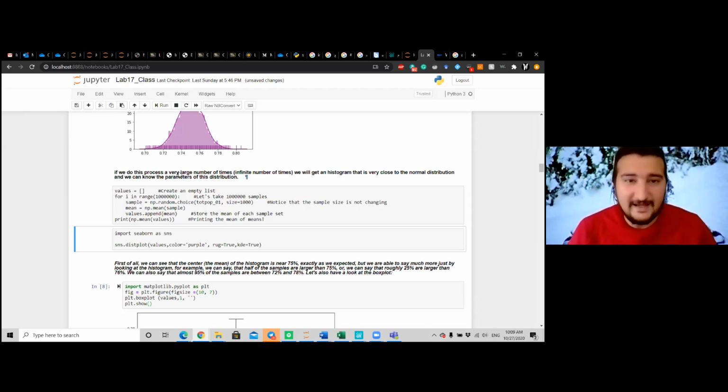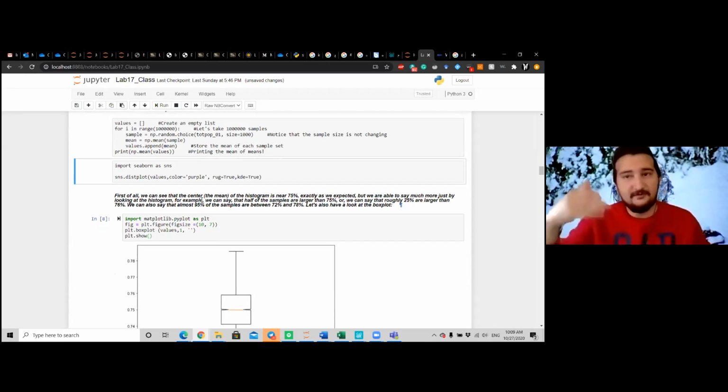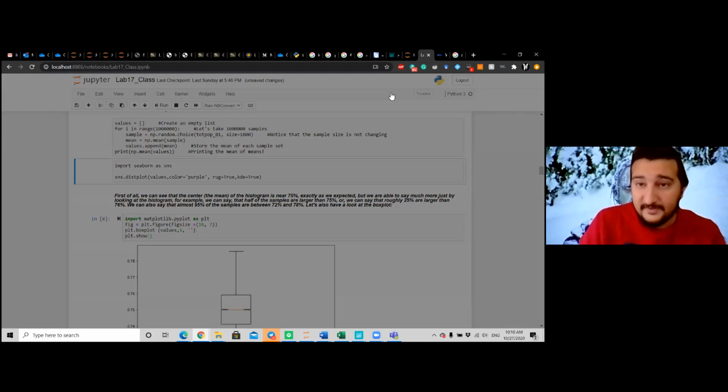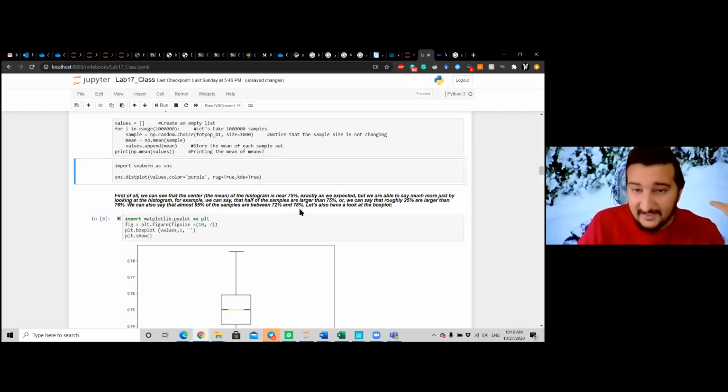So looking at this histogram and even the one with 1,000,000 samples, there are a few things that we can say. We've already discussed them. We can see that the center, the mean of the histogram is near 75%, exactly as we expected. We are able to say much more. We can, for example, say that almost half of the samples are larger than 75%, and roughly 25% are larger than 76%. We can also say that almost 95% of the samples are between 72% and 78%.